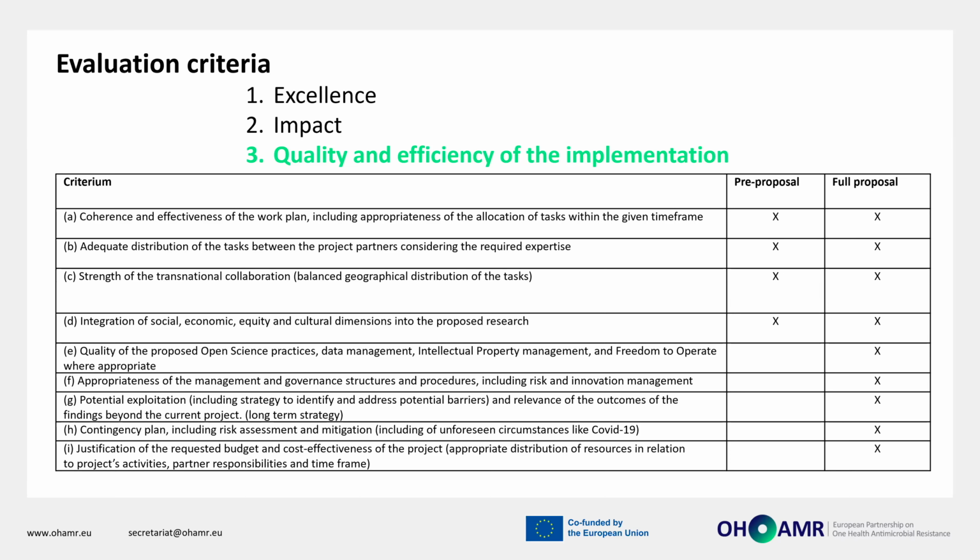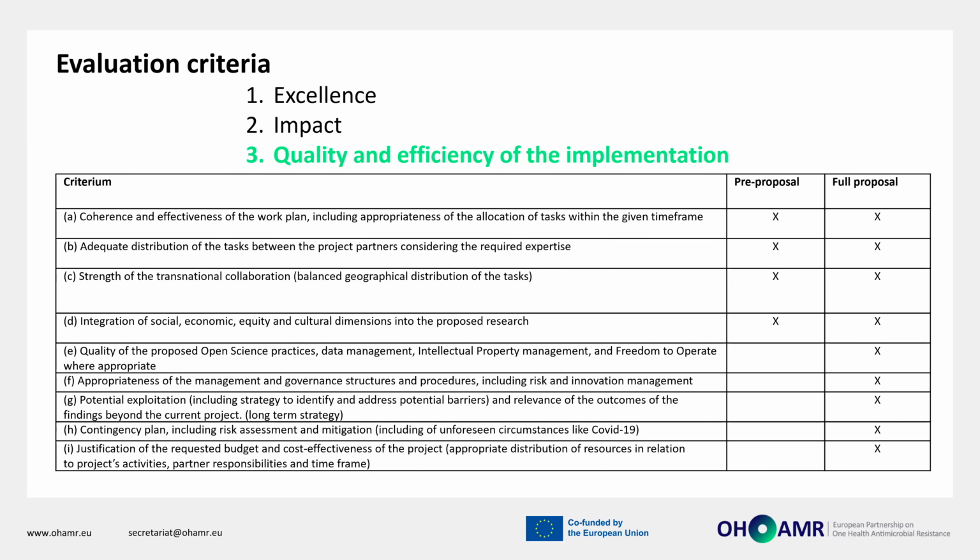Appropriateness of the management and governance structures and procedures, including risk and innovation management. Potential exploitation, including strategy to identify and address potential barriers, and relevance of the outcome of the findings beyond the current project.